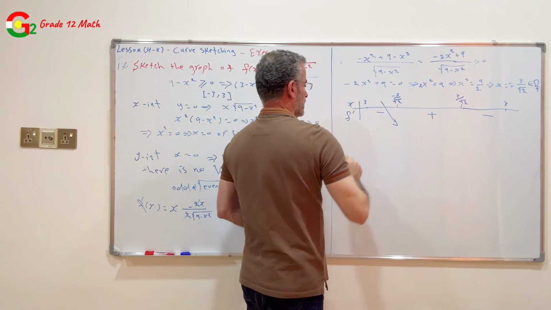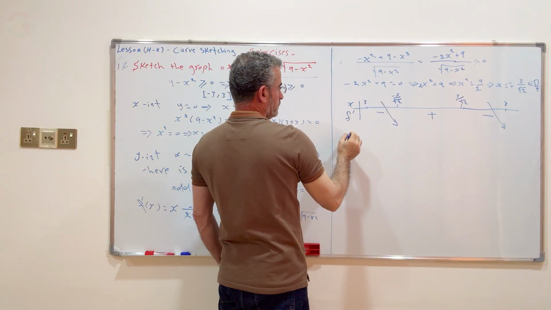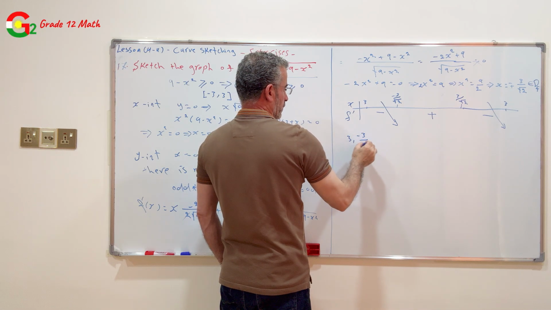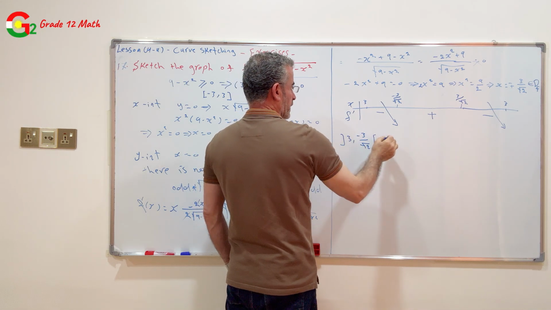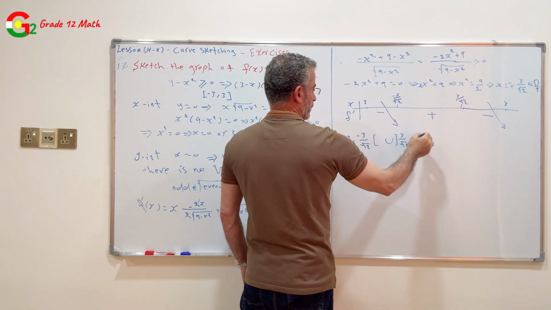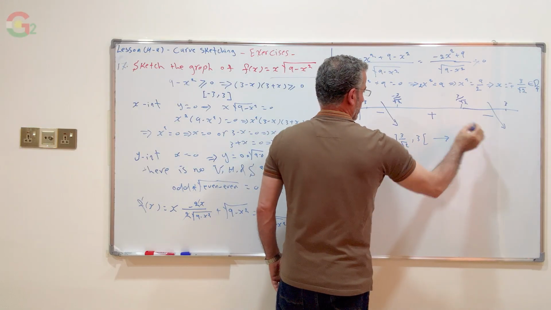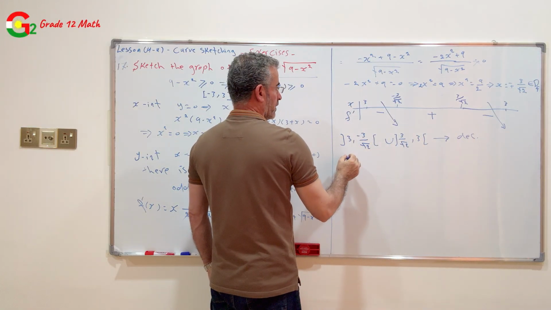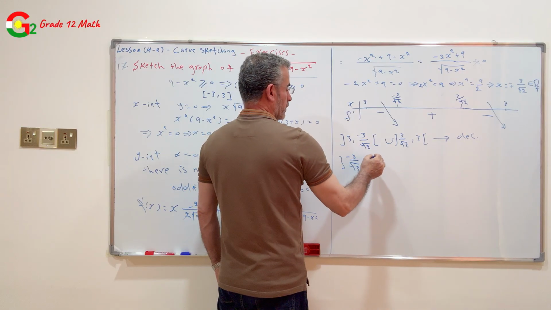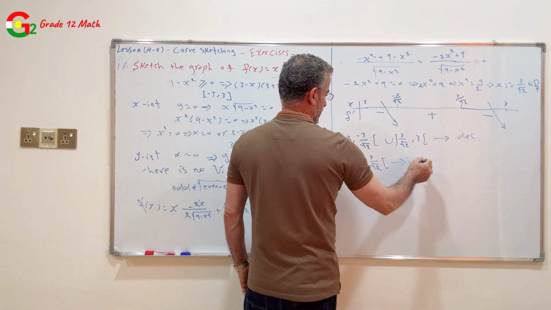Therefore, the function is decreasing on the intervals negative 3 to negative 3 over the square root of 2, union 3 over the square root of 2 to 3. This is the interval of decreasing. And the function is increasing on the interval negative 3 over the square root of 2 to 3 over the square root of 2.